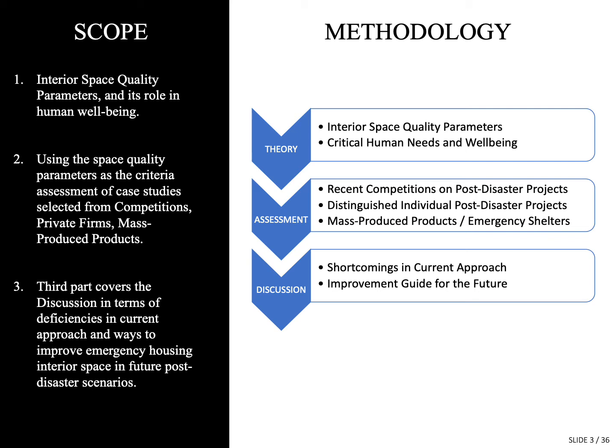The visual and contextual data is obtained directly from the authors or their websites. And the third part of the thesis covers the discussions on shortcomings and drawn conclusions based on results, to help in improving future approaches and to comment on the present scenario.